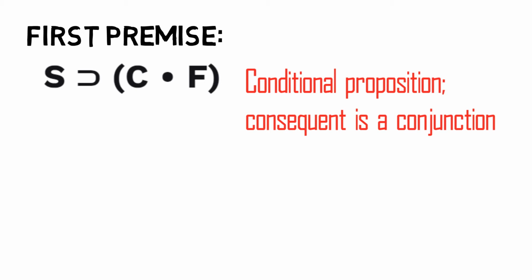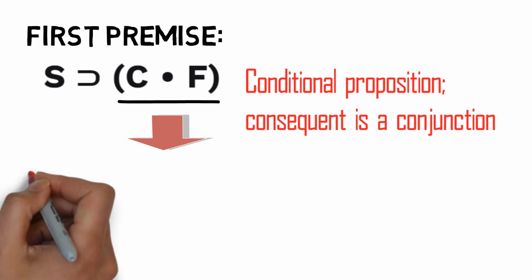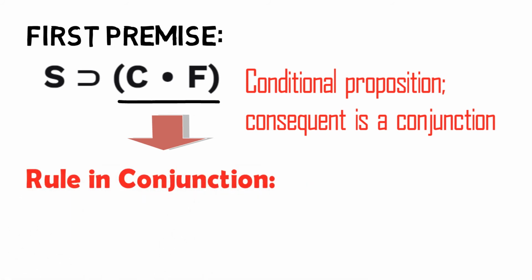Alright, let's proceed. Now, before we can apply the rule in conditional proposition in the premise S, then C and F, we need to simplify first the consequent C and F. This can be done by determining its truth value using the rule in conjunction.